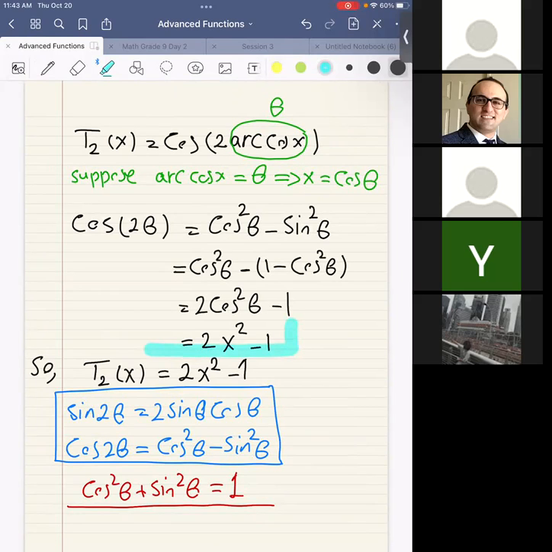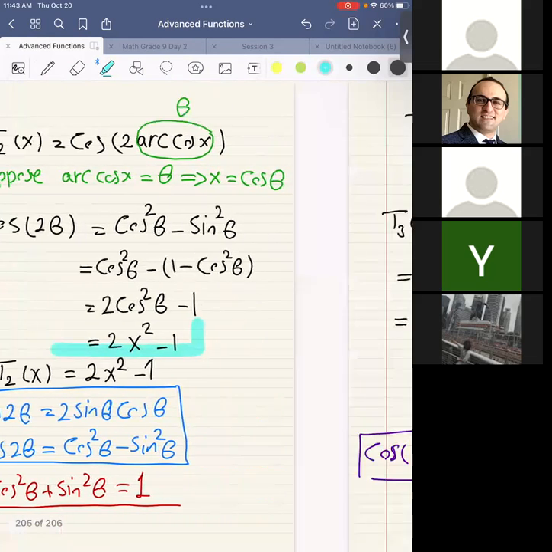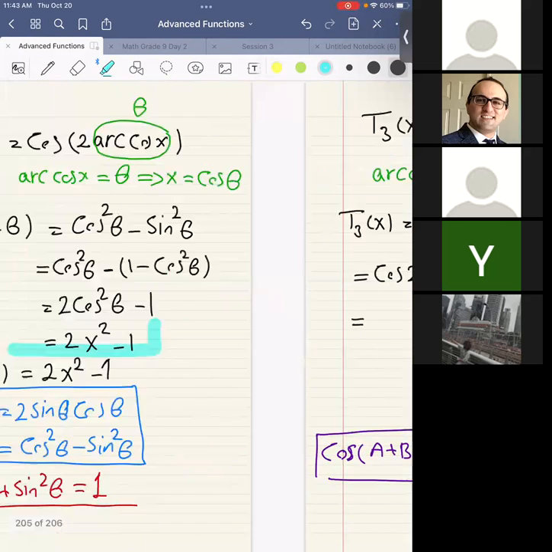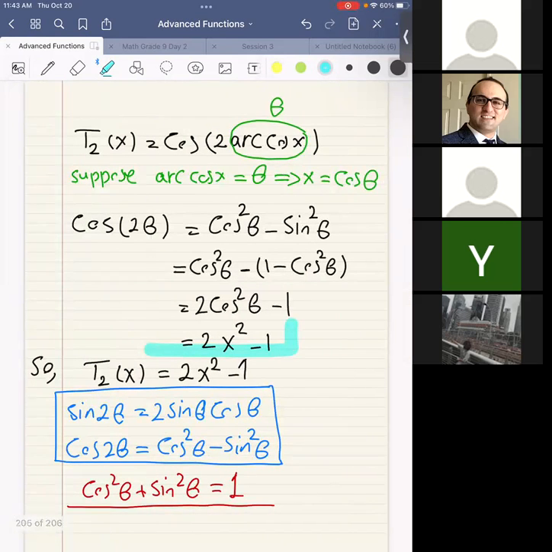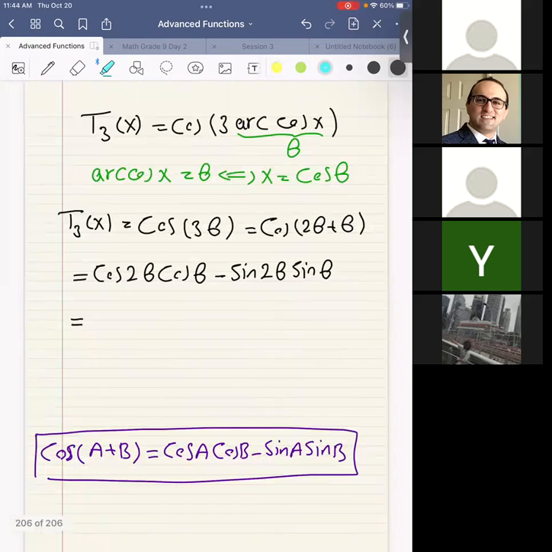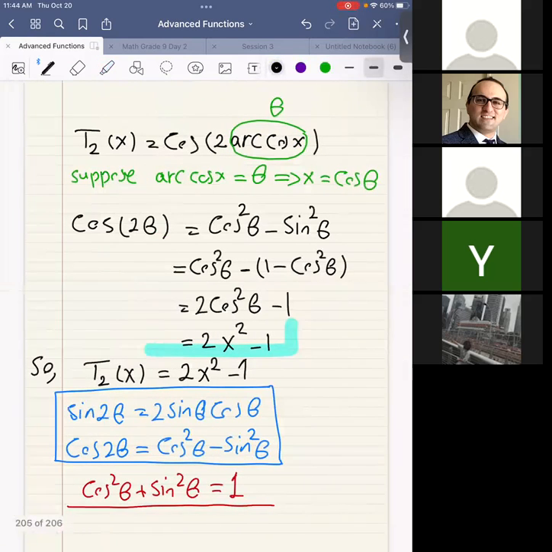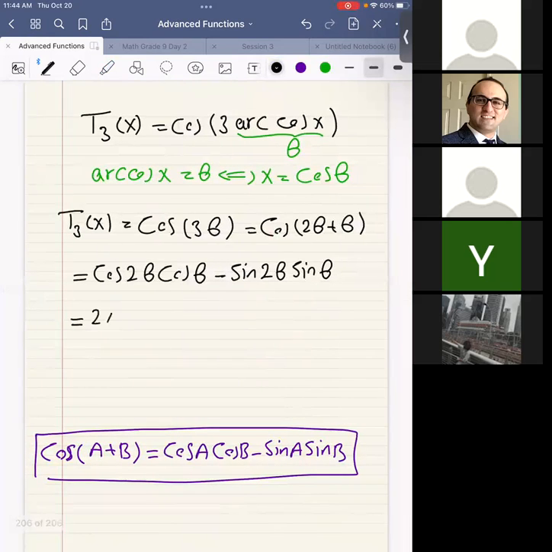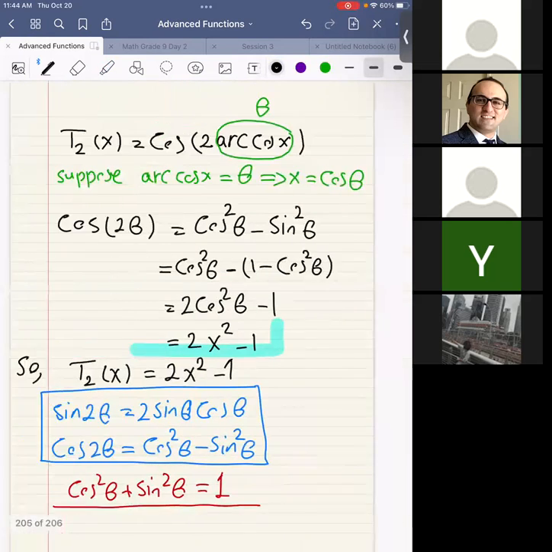So if x equals cosine of theta, then cosine of 2 theta is 2x squared minus 1. Either you can use this result, or you can do everything again that we did. But because we just did this, I just use this result. So this is equal to 2x squared minus 1.